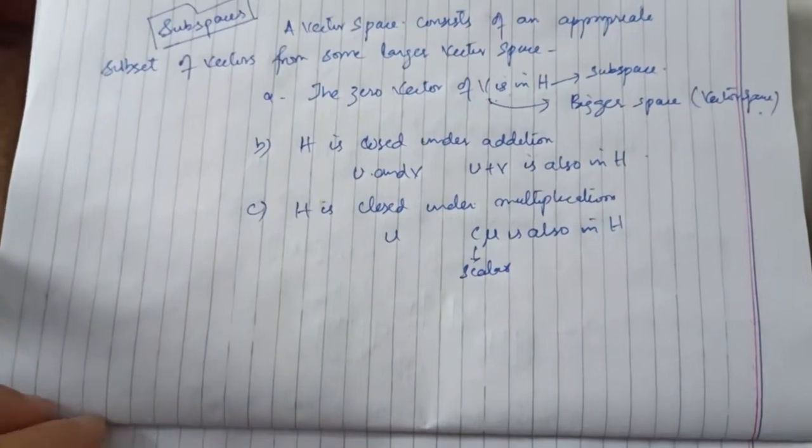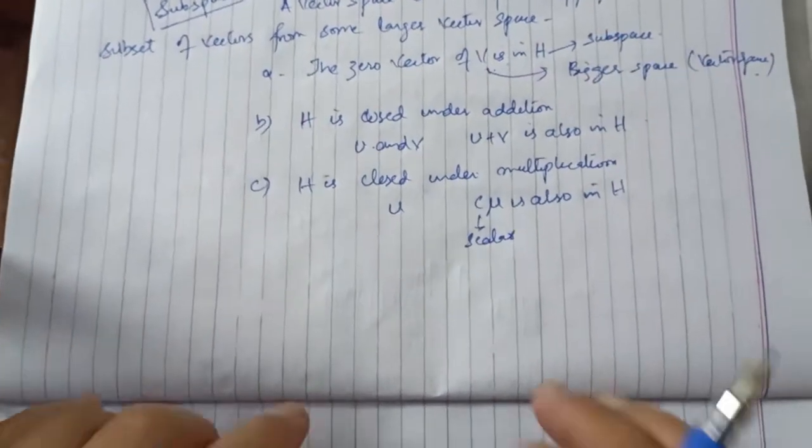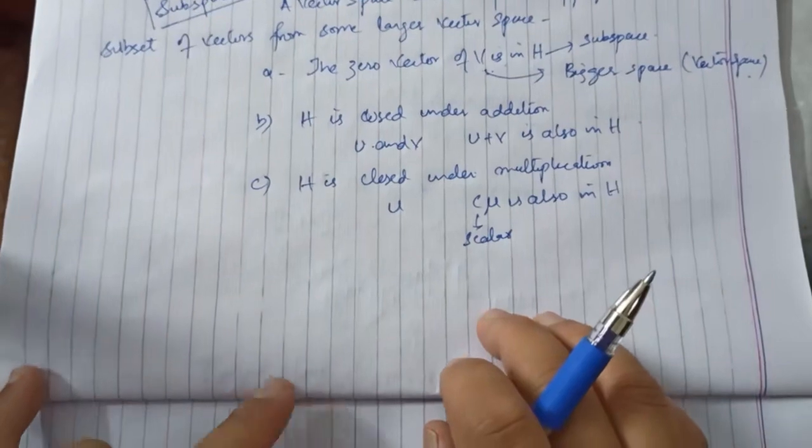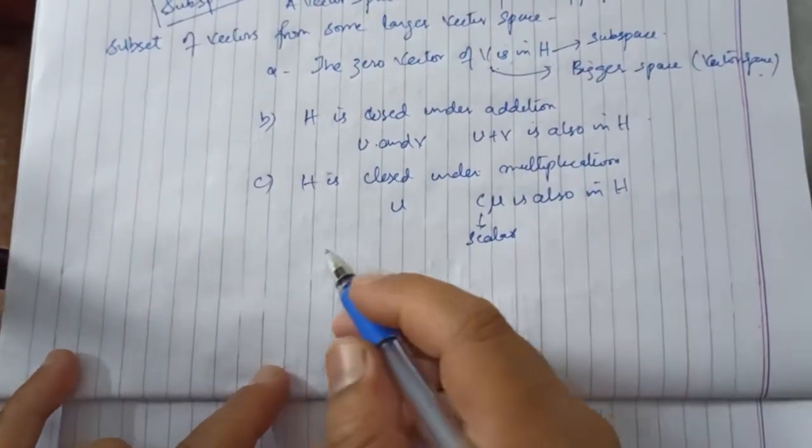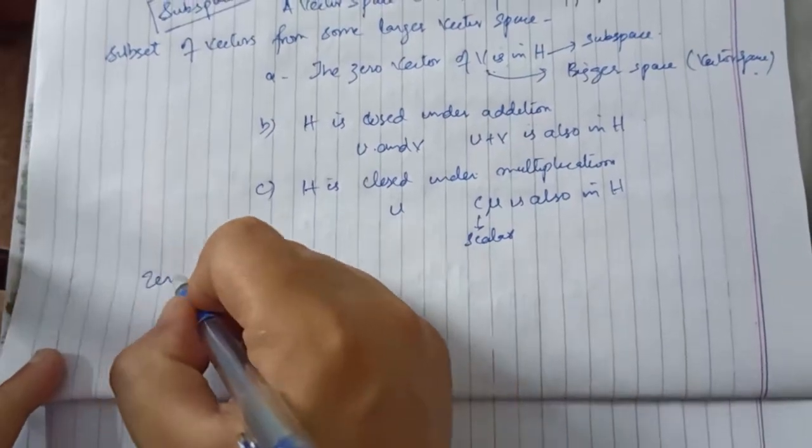Okay, so one of the very simple examples that you can derive from any vector space V is the 0 subspace, right?